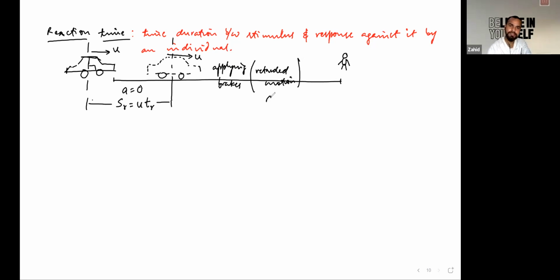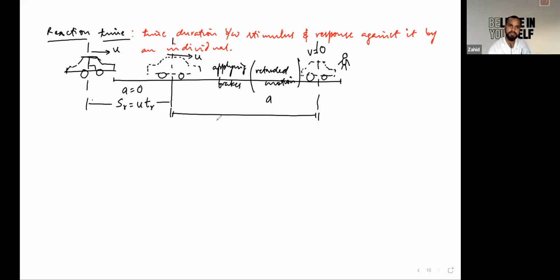Let's say its retardation is A. So this car would stop completely, let's say at this point. In this interval from this point to this point, we have an initial velocity and the car finally stops at this point.